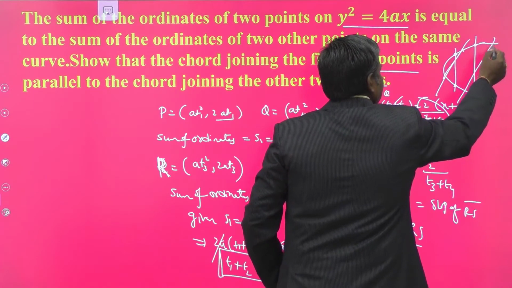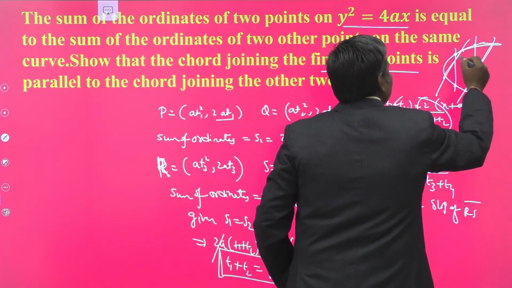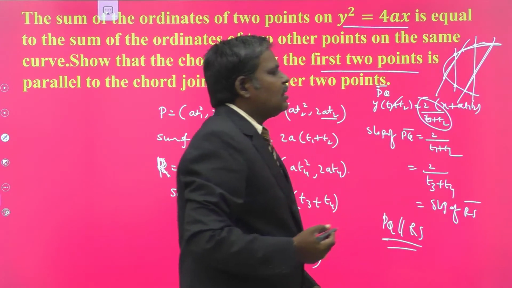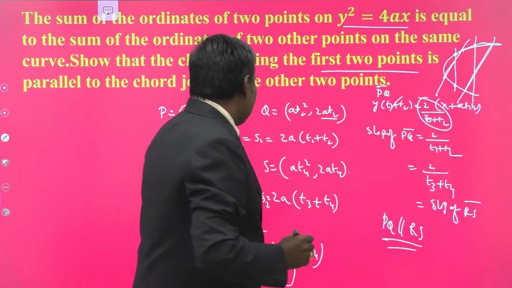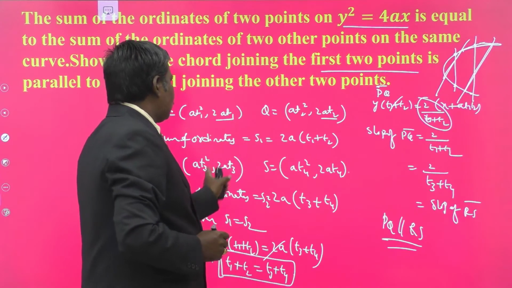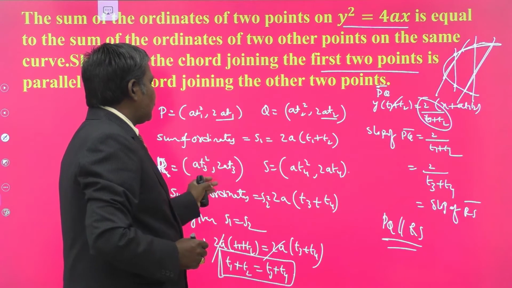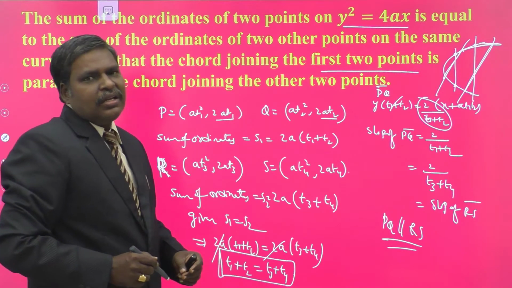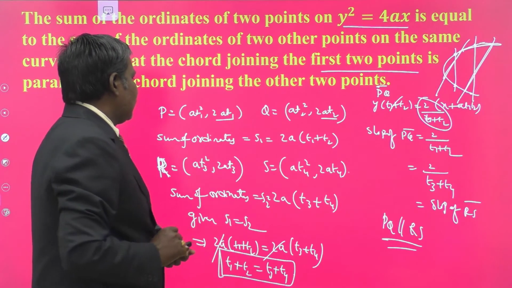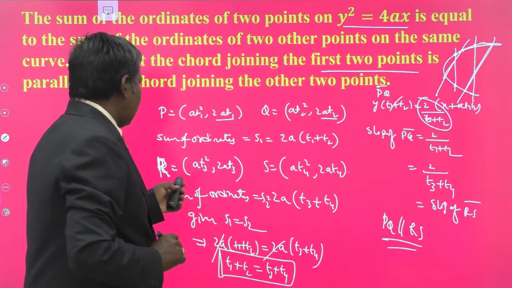But the condition is what? Sum of the ordinates is the same, then the lines must be parallel. So, if the sum of the ordinates of 2 points equals the sum of the ordinates of another 2 points, then the line joining the first 2 points is parallel to the line joining the next 2 points. That is the result here. Very simple problem. Okay.